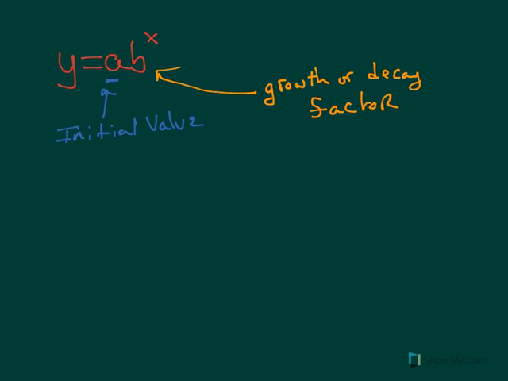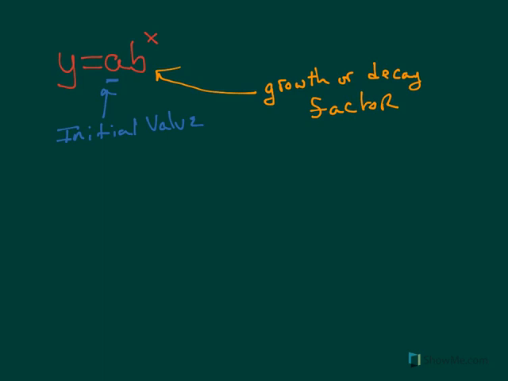Another common form might be when you are needing to work with percentages. So someone might not tell you that something is doubling or tripling or being cut in half each time. Someone might say that it's increasing by 5% or 10% or 20%.